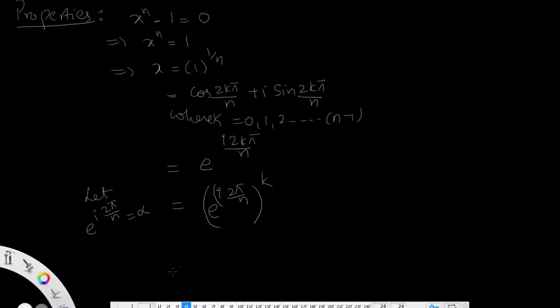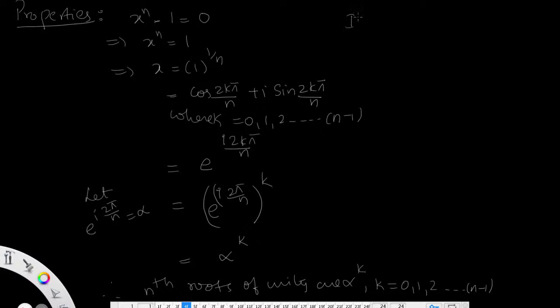So this total value becomes alpha, that is alpha to the power of k. So the nth roots of unity are of the form alpha to the power of k, where k equals 0, 1, 2, and so on up to n minus 1.